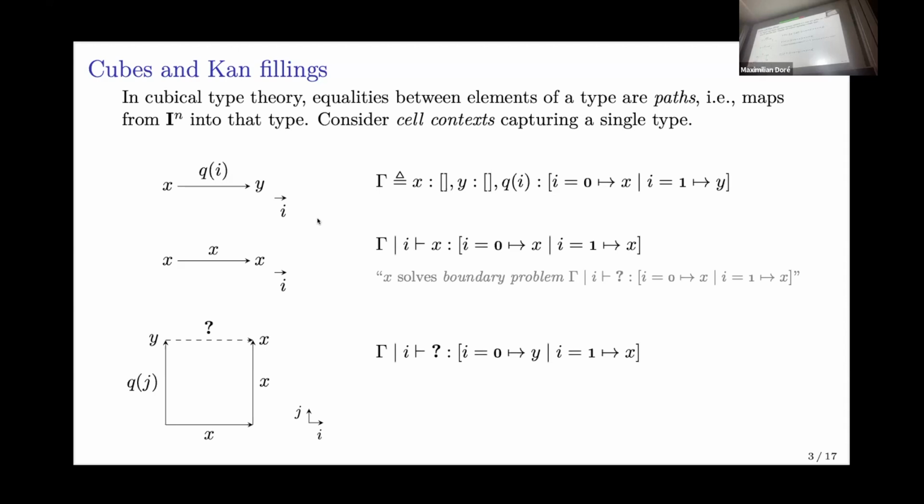Here Q goes from X to Y. So we have an X endpoint, and we can put the constant X paths on these two sides. So this fits together. Cubical type theory says that the filler of this thing, which also has a syntactic representation of these open cubes, really solves the boundary problem.